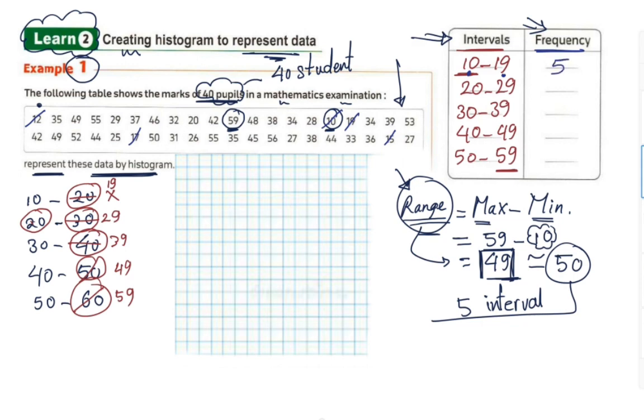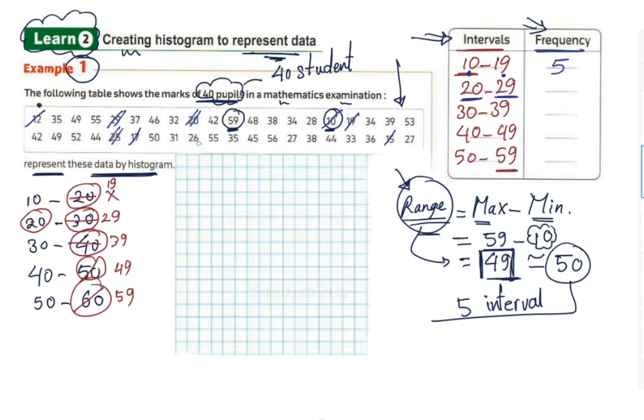Next one, from 20 to 29. Look with me. Search. After 20, we have 21, 29. We have 25 here.